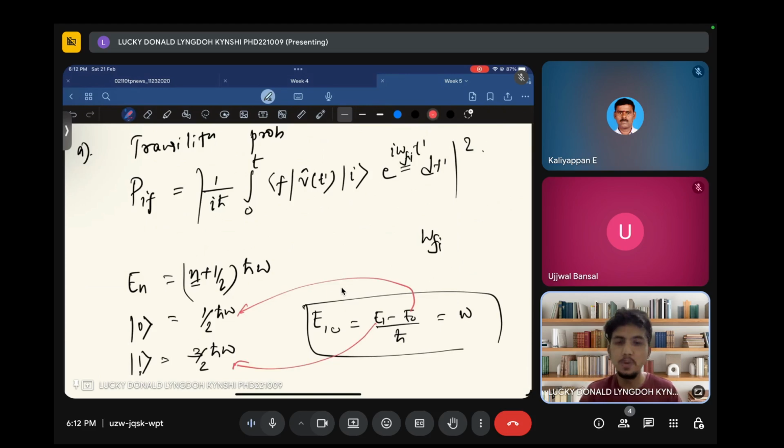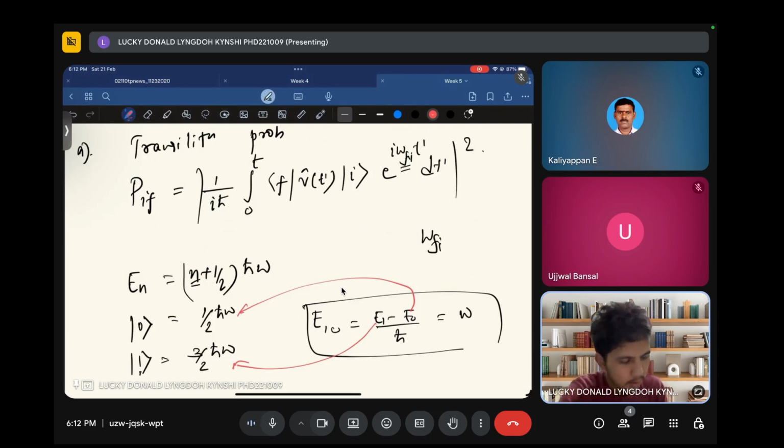This is the energy difference between your first excited state and your ground state. So this term, ω_fi, you already know, which is equal to ω, which is equal to (E1 minus E0) divided by ħ. Now you need to solve this term.